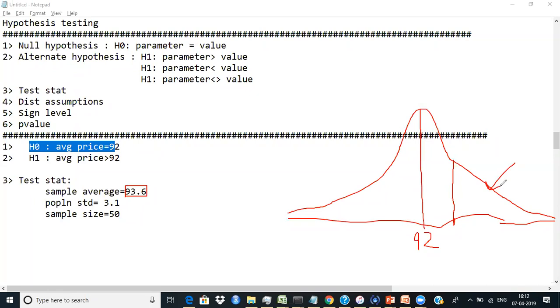That means that under the null assumption, getting a sample average of 93.6 is highly improbable. Yes or no?